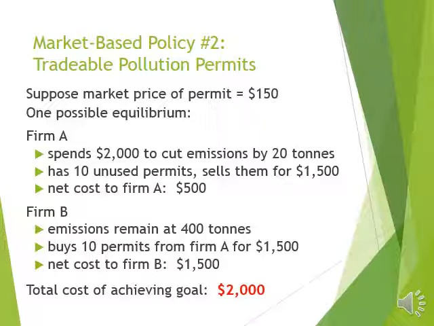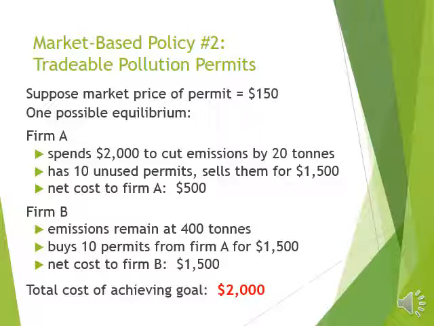So the total cost of achieving the goal of reducing pollution down to 60 tons of CO2 every month is $2,000. Now compare that with regulation, where the cost was $3,000.